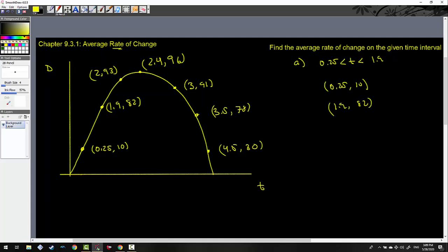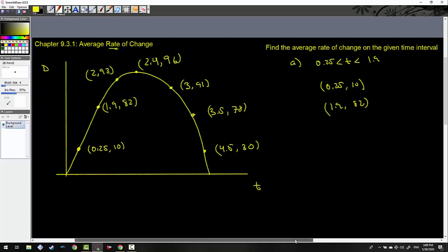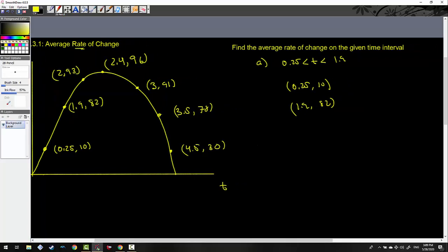This is going to require a little bit of a calculator because we've got some decimals going on here. But what I'm going to do is use my slope formula. So 82 minus 10 over 1.9 minus 0.25. So that's going to get me 72 over 1.65.